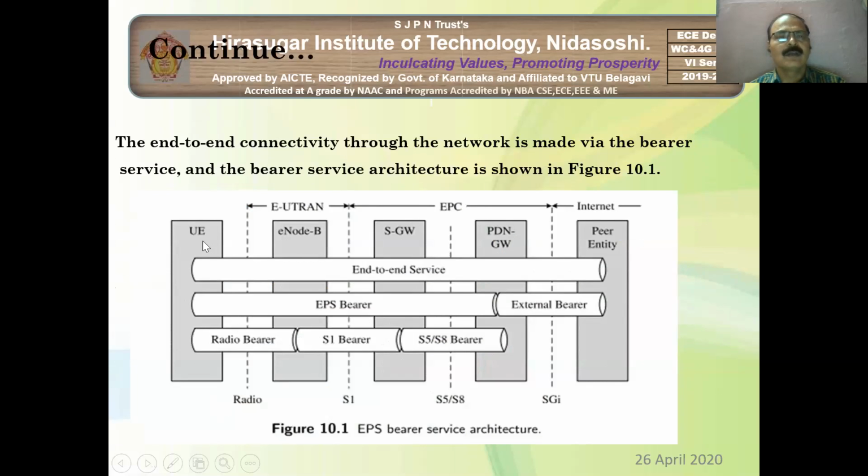So UE to eNode B we call the radio bearer, eNode B to SGW we call the S1 bearer, and SGW to PDN gateway we call the S5/S8 bearer. I hope all of you understood how this is classified in the EPS bearer service architecture.